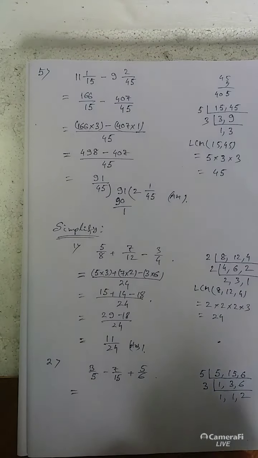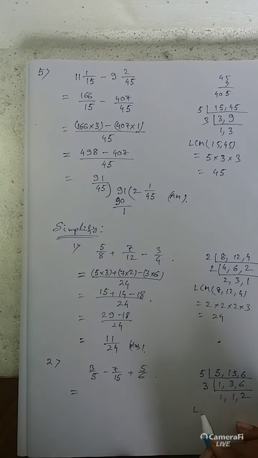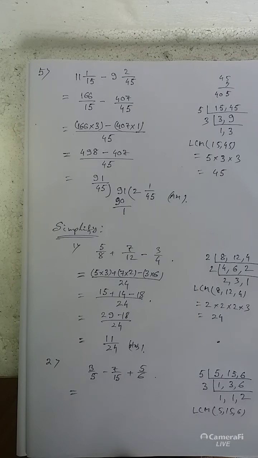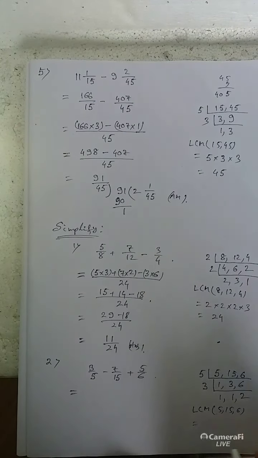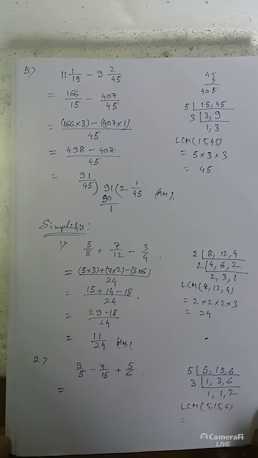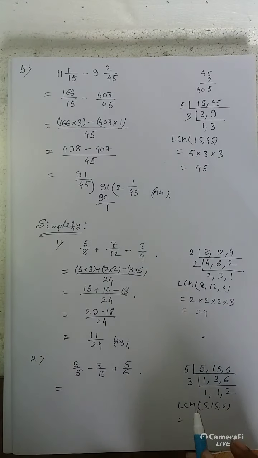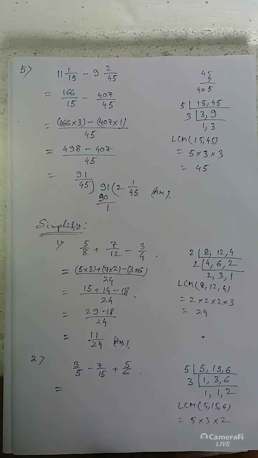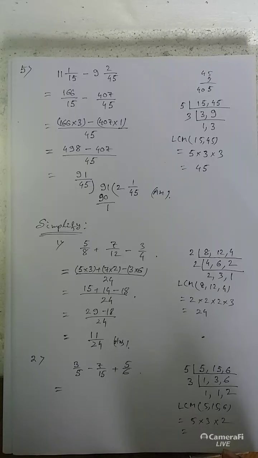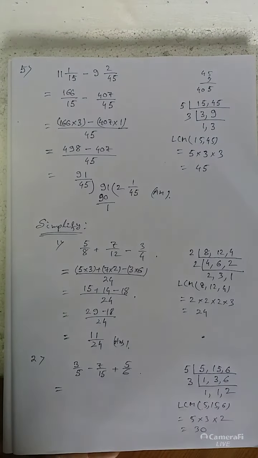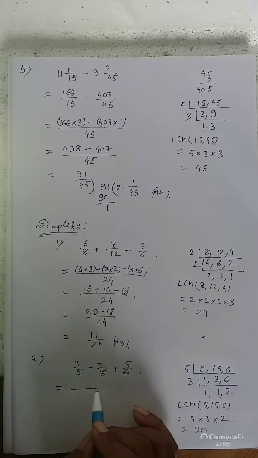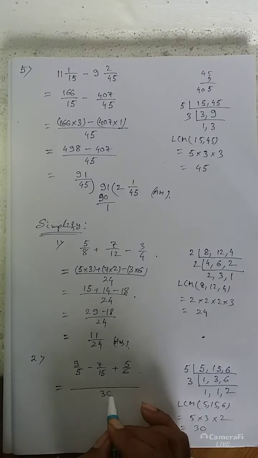So we can write the LCM of 5, 15 and 6 equal to the product of the numbers 5 into 3 into 2. 5 3s are 15, 15 2s are 30. So the LCM becomes 30. Let us write 30 as the denominator.